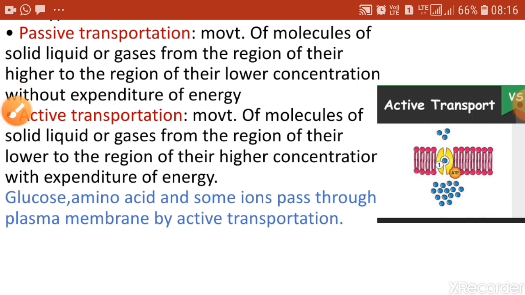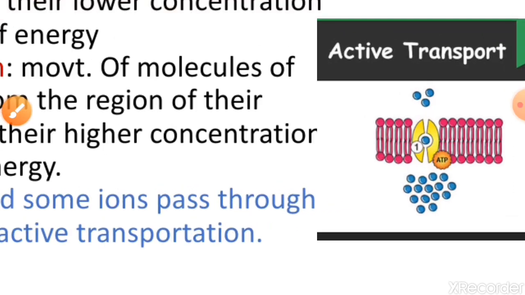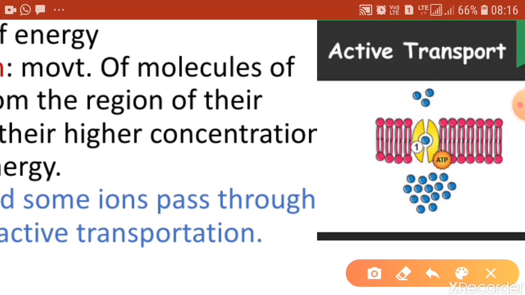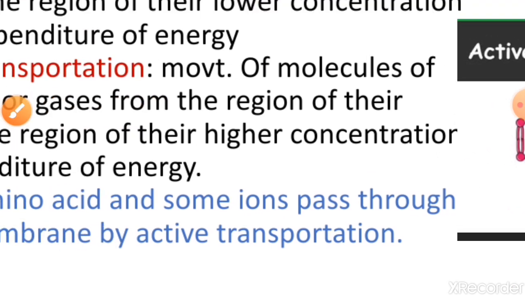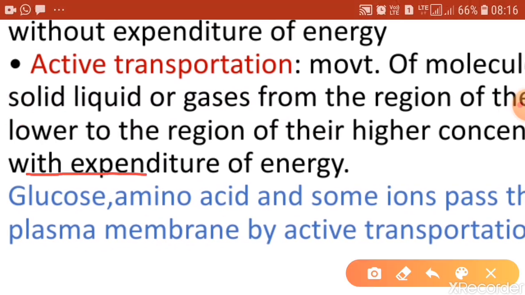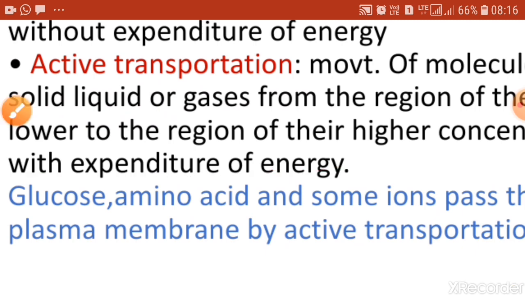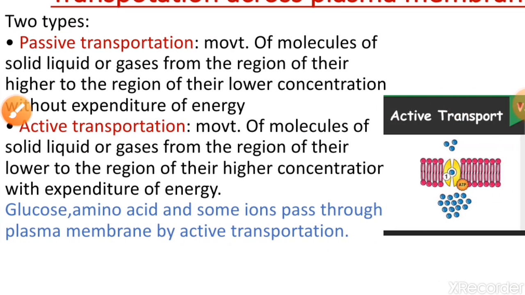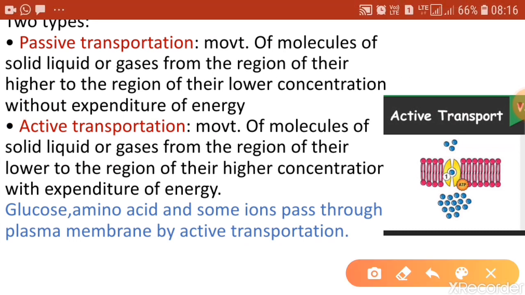And whenever this kind of transportation occurs, the cell has to spend energy. So in case of active transportation, this movement will occur with expenditure of energy. Some examples of active transportation which happen in the cell are that glucose, amino acids and many of the ions pass through the plasma membrane by this process.